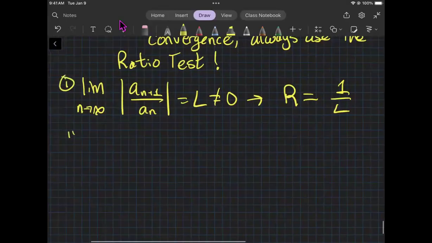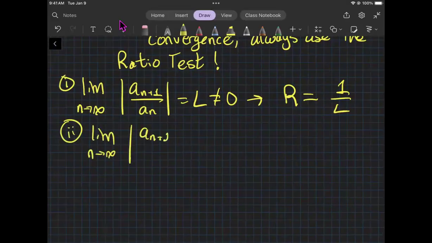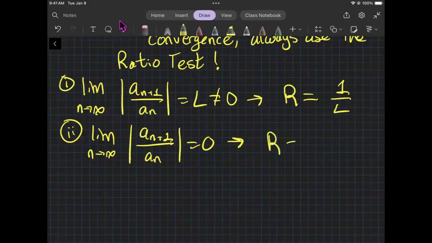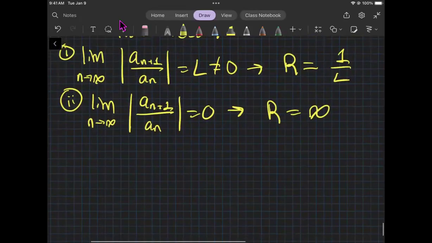If on the other hand, the limit as n goes to infinity of the ratio equals 0, right? The ratio of the coefficients in your power series gets arbitrarily small. That means your series would converge for every real number. So the radius of convergence is infinity.